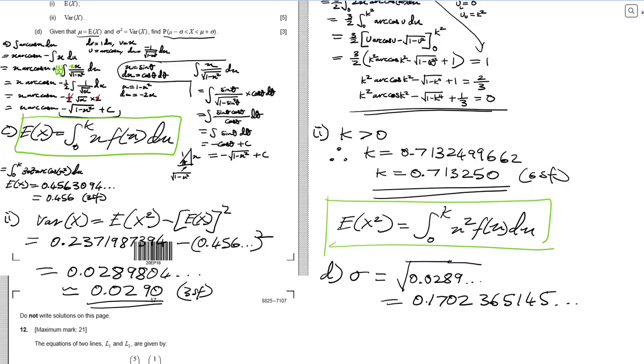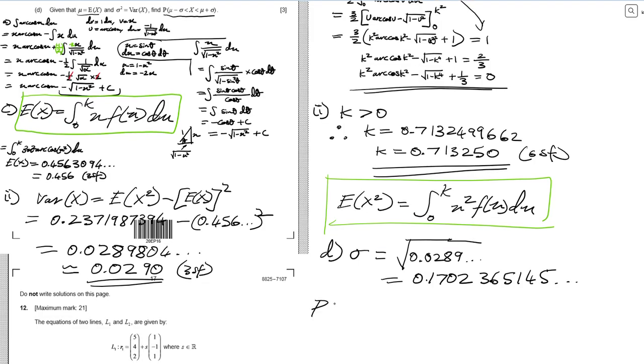So we have our standard deviation, and so the probability, now we just have to find what our average is minus this. So our average, let's just find that first, minus standard deviation is 0.46, that's our EX.